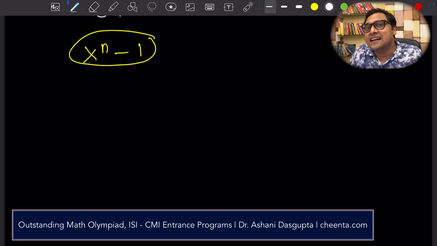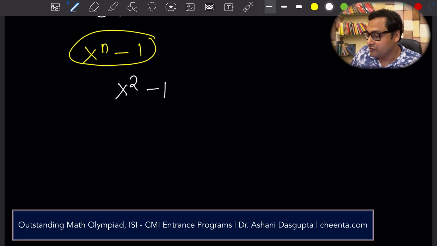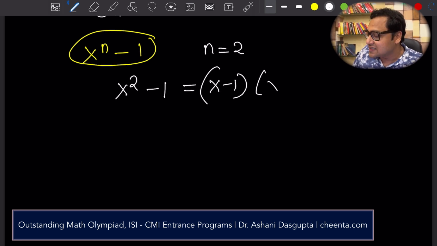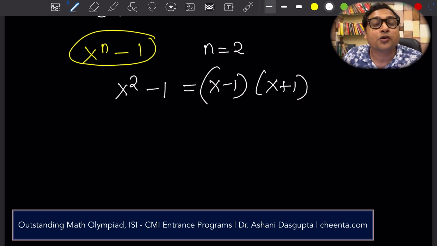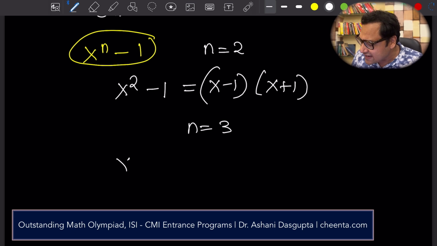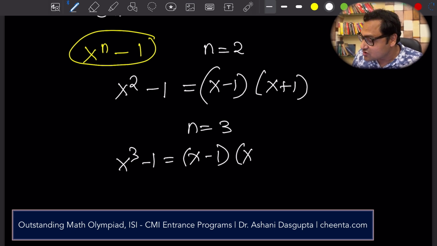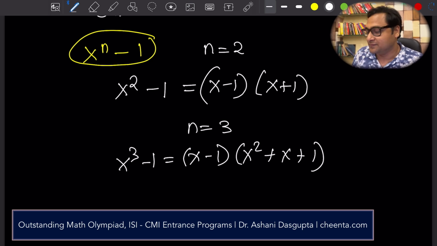Let's understand this factorization with simpler examples. x square minus 1, when n is equal to 2, is simply x minus 1 times x plus 1. No problem. What about n equals 3? x cubed minus 1 is x minus 1 times x square plus x plus 1. We see a pattern.